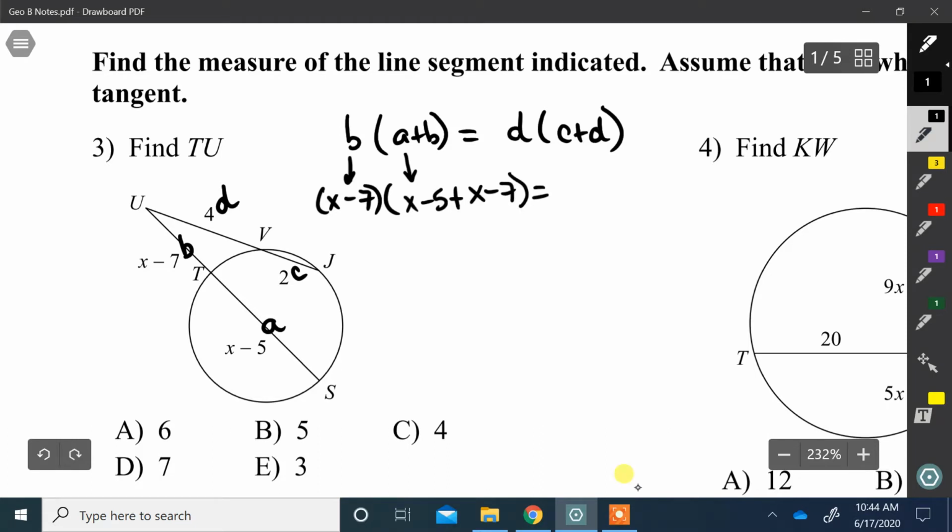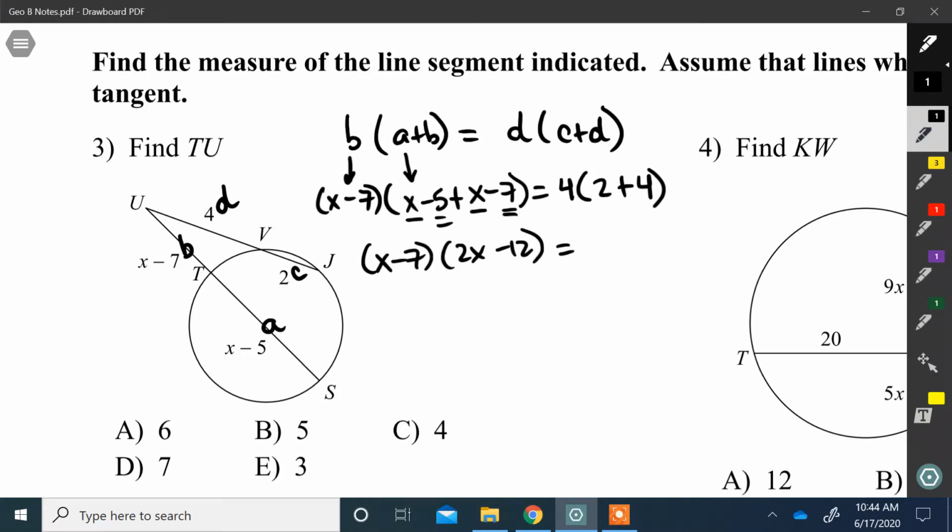The d in this case is 4, the c is 2 plus the d again, which is also 4. We're going to add x plus x there. We're going to get 2x minus 12 is equal to 2 plus 4 is 6. 6 times 4 is 24.